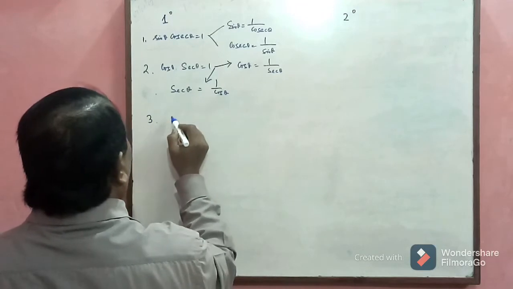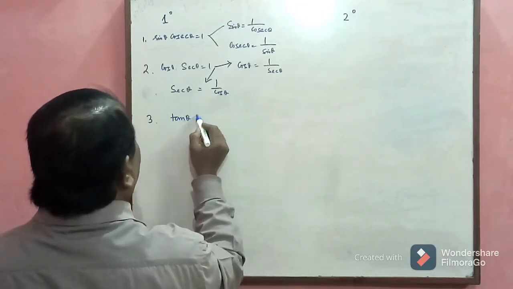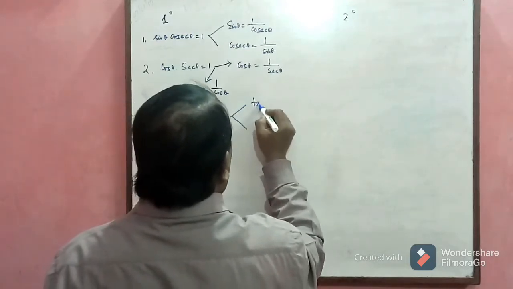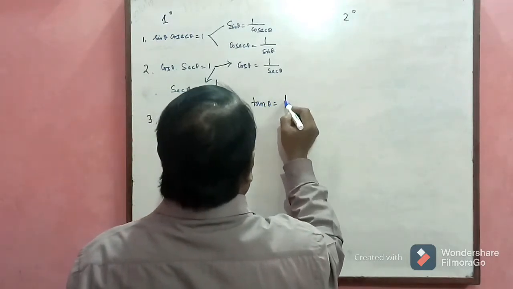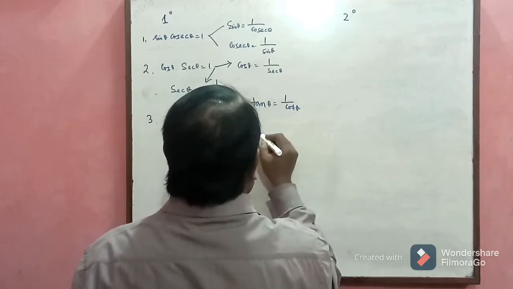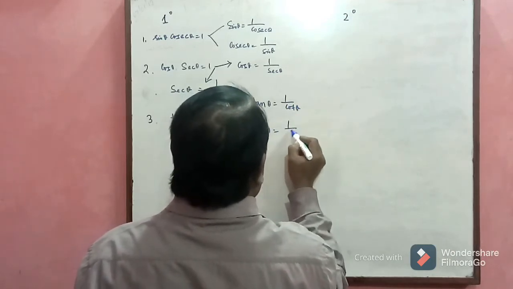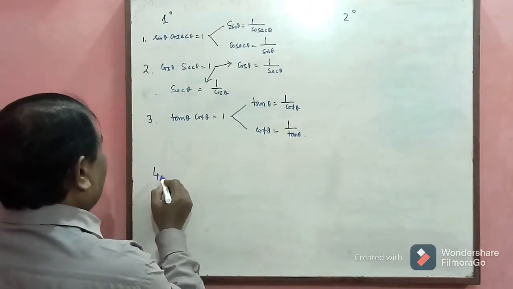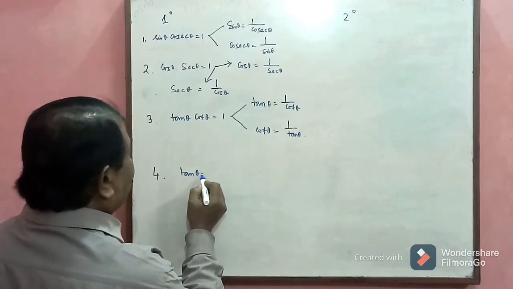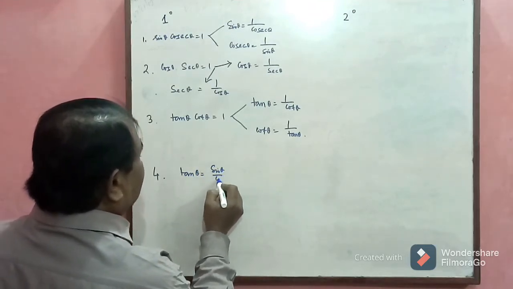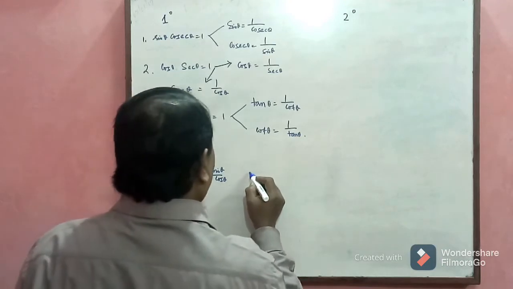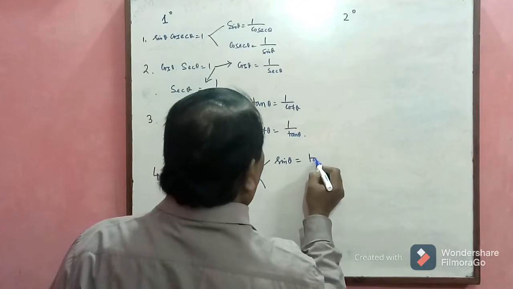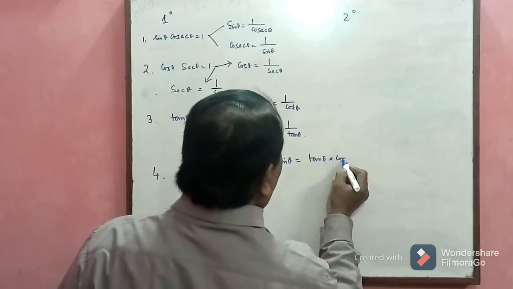Number 3, tan theta cot theta is equal to 1. Tan theta is 1 upon cot theta, and cot theta is 1 upon tan theta. Number 4, tan theta is equal to sin theta upon cos theta. Sin theta is equal to tan theta into cos theta.